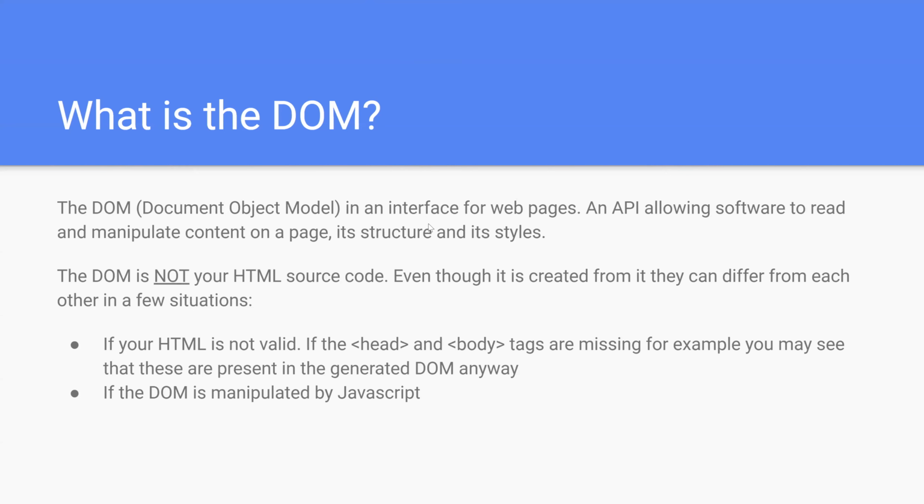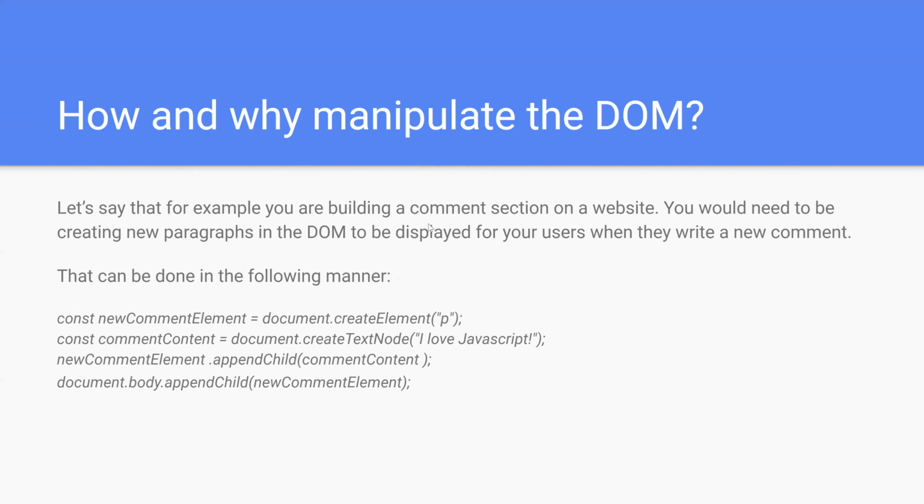So how and why do we manipulate the DOM? When you're structuring a web page, you don't necessarily know everything you need to know in its final structure. A good example of this is a comment section. Let's say you're writing a website where you can showcase, I don't know, pictures of cats, and you want your friends to come and be able to post comments on those pictures.